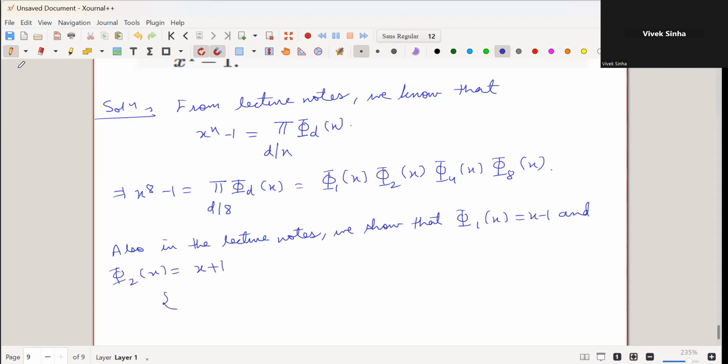How do we get it? x squared minus 1 has divisors 1 and 2. So phi_1(x) is x minus 1, so you divide x squared minus 1 by x minus 1, and you will get phi_2 of x, right? So that is how you got phi_1(x) and phi_2(x).